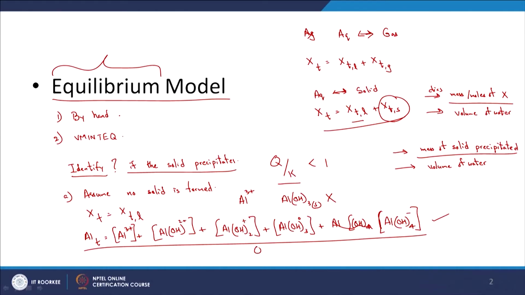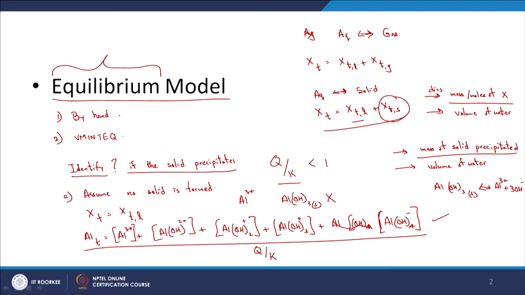Once I get the concentration of Al3+, then I can calculate Q by K for that particular equation, as in Al(OH)3 solid in equilibrium with Al3+ and 3OH-.